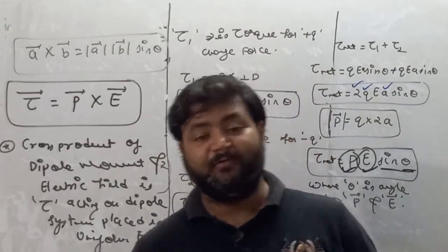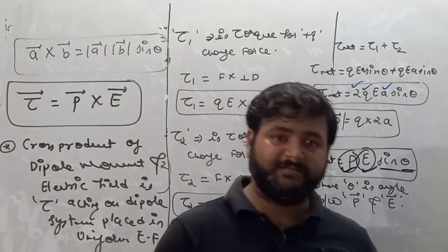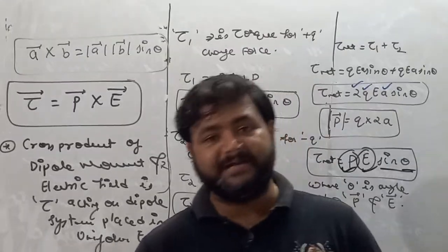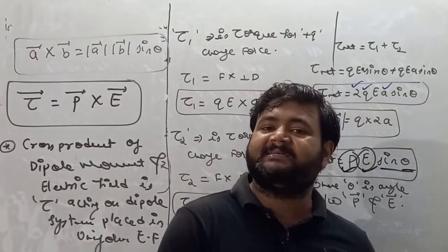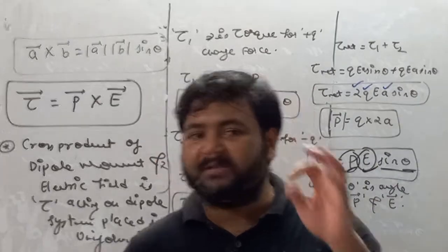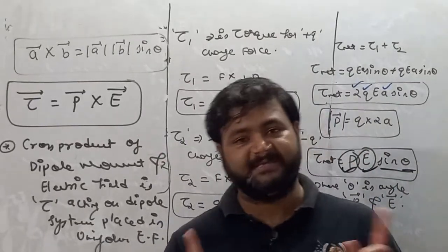So here force is electrostatic force, which is F equals to QE, because we know that dipole system is made up of 2 point charges, and if point charge are placed in electric field, then it is compulsory that charge experiences force of magnitude F is equals to QE.